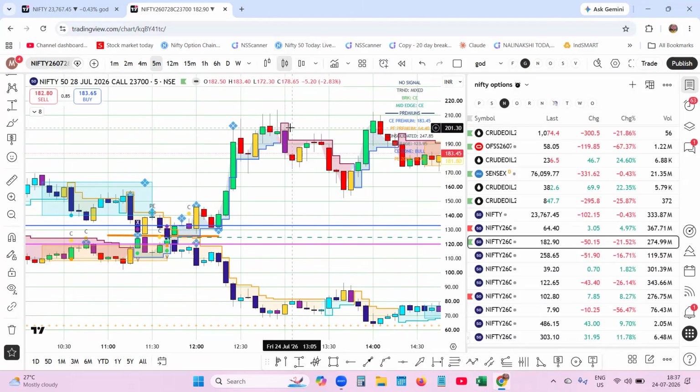If you would have sold around here, you could have captured this many points. I noticed that rather than option buyers, option sellers are making money, and this indicator gives an opportunity for option sellers too. They can write the options in this way.